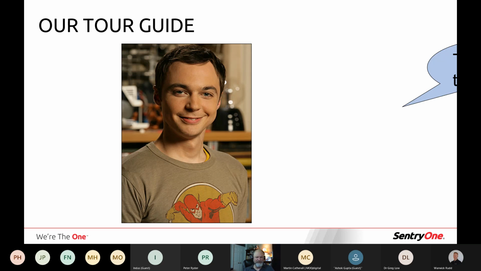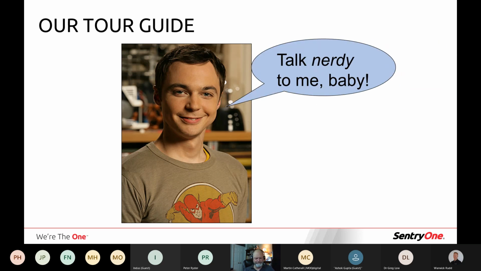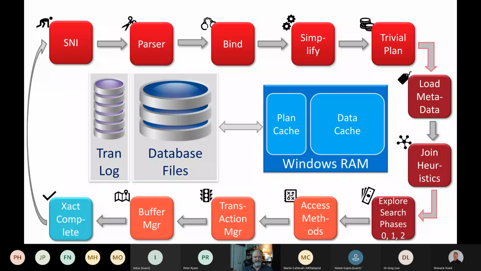And as I mentioned, I wanted to try and make this a little bit of a narrative so that this tsunami of facts about how these internal components are arranged and how they work and what they each do makes it a lot more memorable, a lot more easy to understand. So I'm going to use Sheldon Cooper here, and Sheldon is going to be our user of a database, except I'm going to use an analogy.